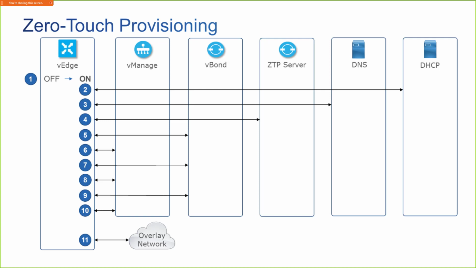The other option is to manually configure the vEdge devices. We use a console port, or some sort of KVM ESXi console connection if it's a virtual edge device, as opposed to a physical IOS-based edge device, and then we can configure the devices manually. Obviously, that's not ZTP in this particular case.